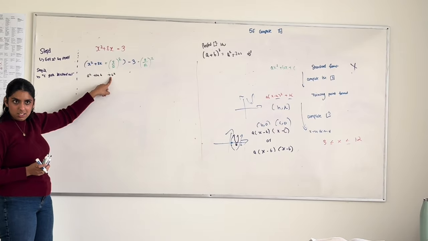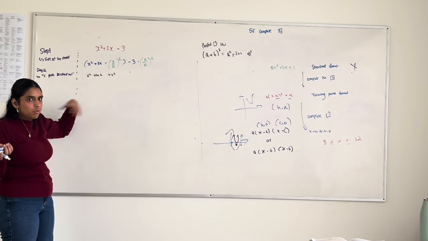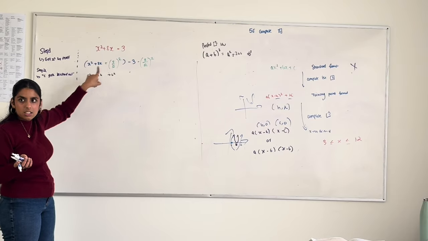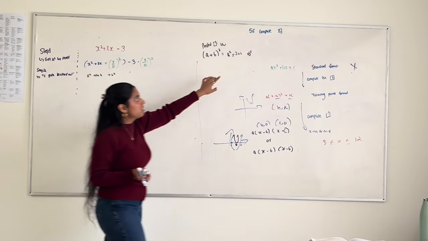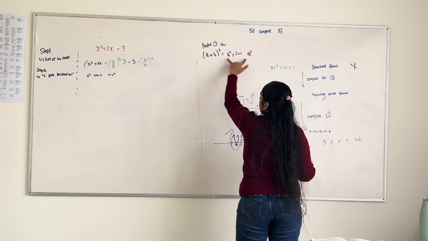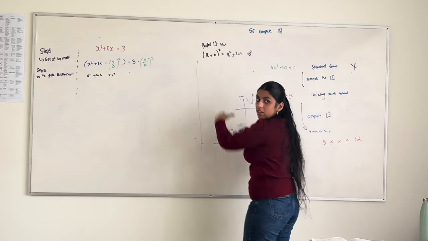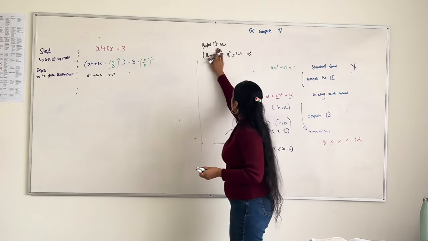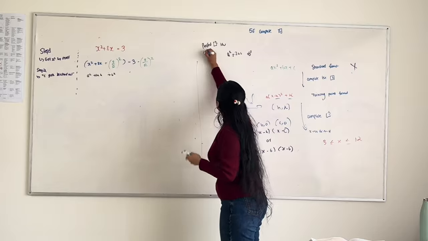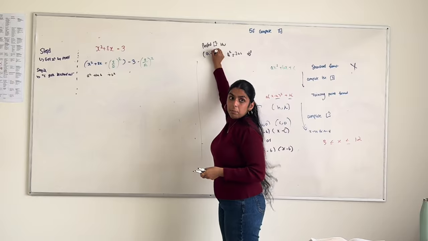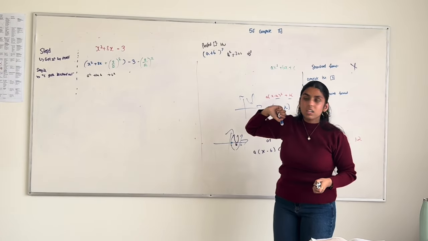This looks like this. This is just if you really want to understand. Do you see where this came from? This and this becomes (a plus b) squared.